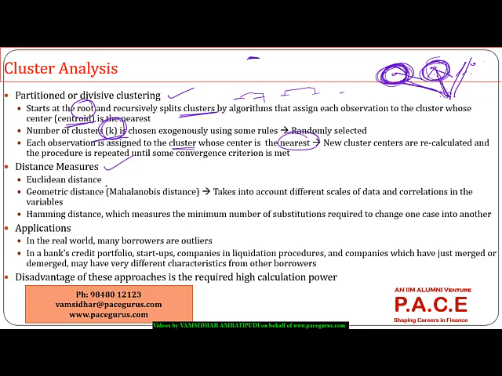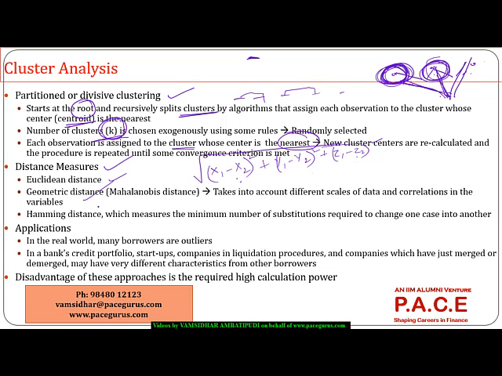There are different ways in which distances are measured, and the most common way is the Euclidean distance, where you take the square of the difference between the two observations, sum the squares of the differences, and take the resulting square root. That is the Euclidean distance measure. It is a very common one in the majority of the algorithms.